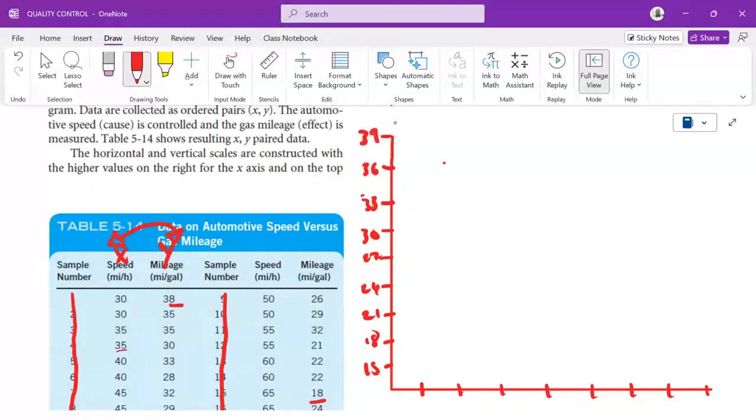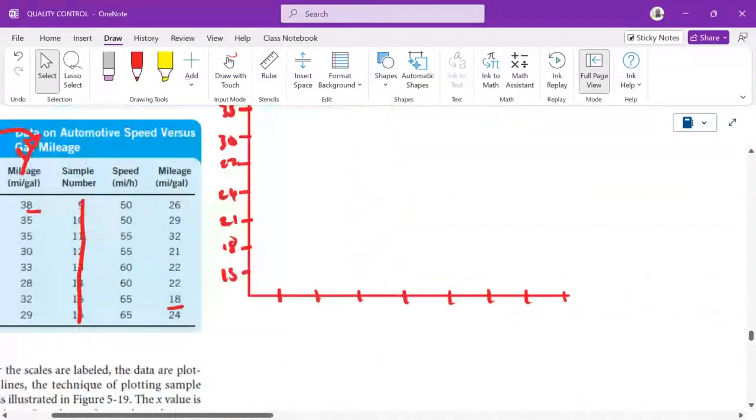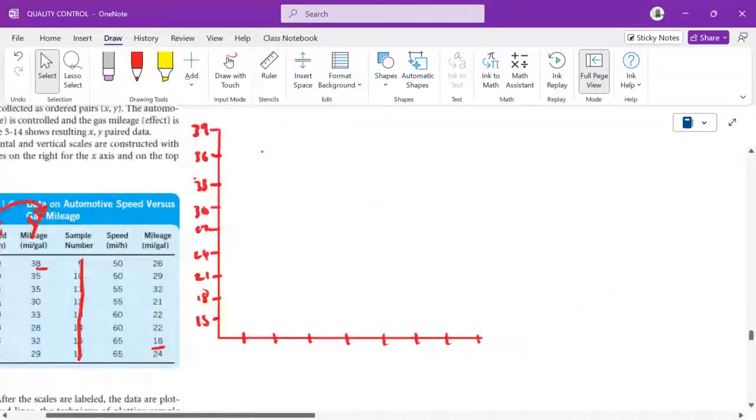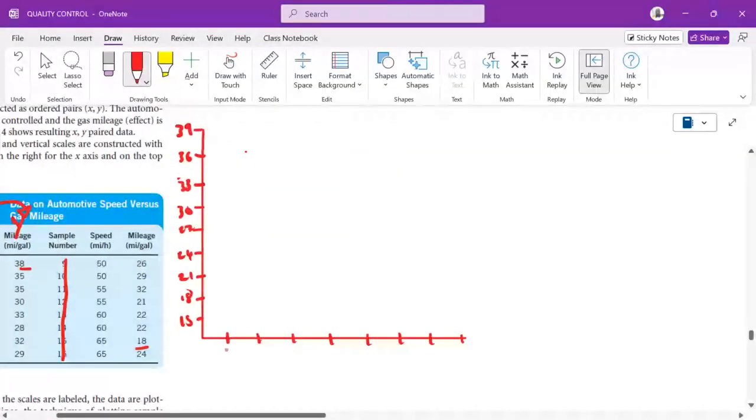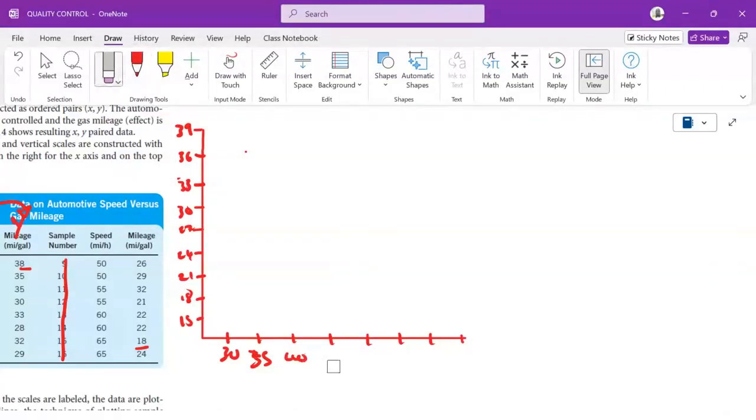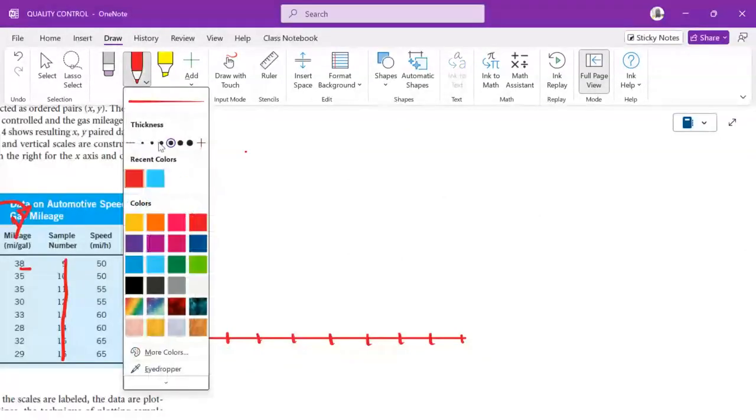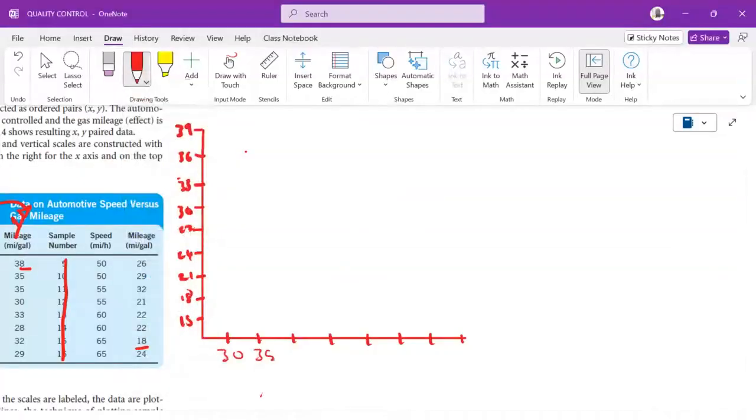Right, then we have 30, 35, 40, it's too thick. 30, 35, 40, 45, 50, 55, 60, 65.